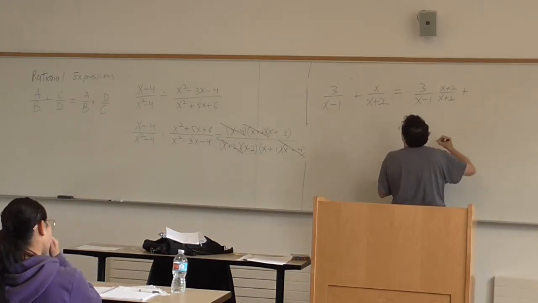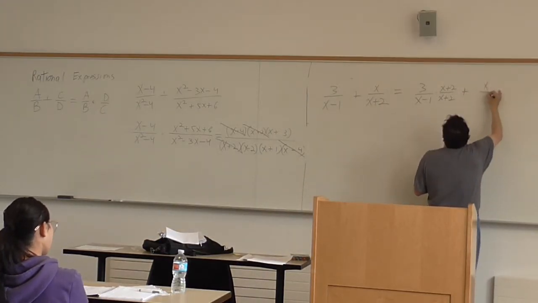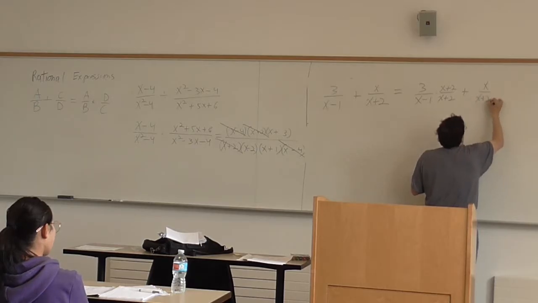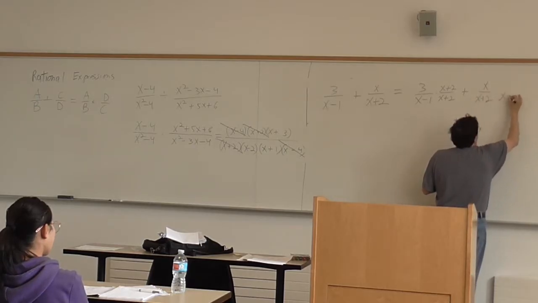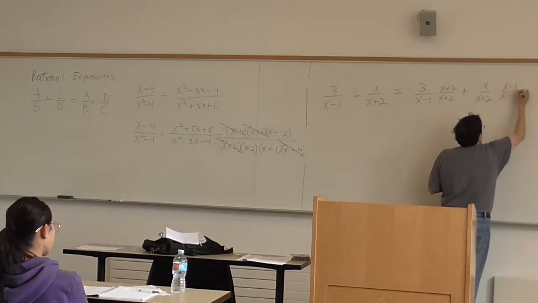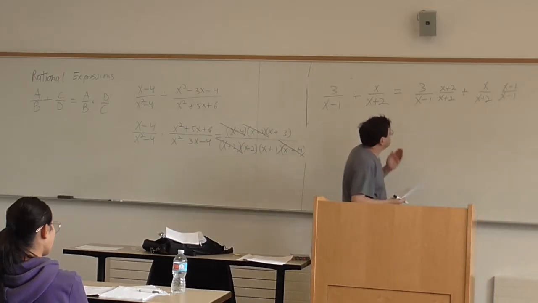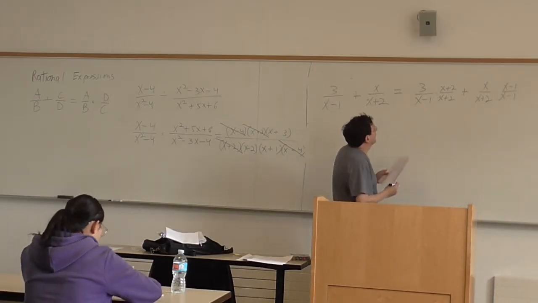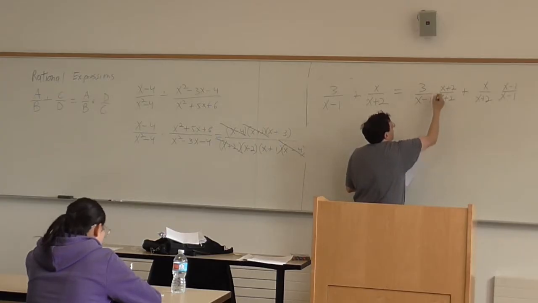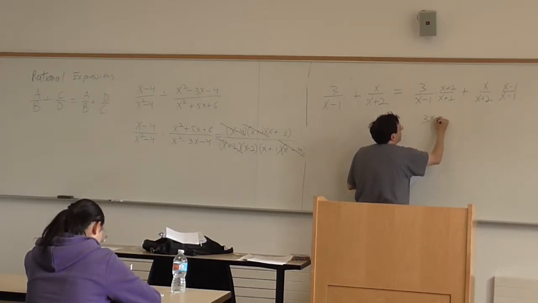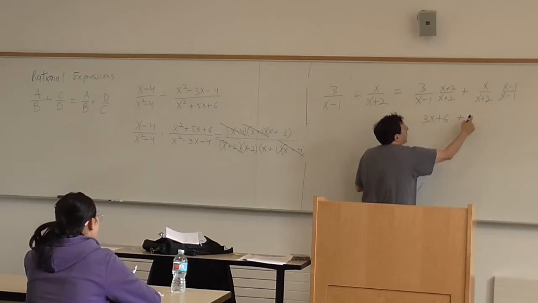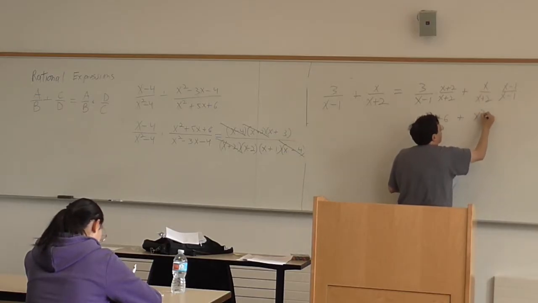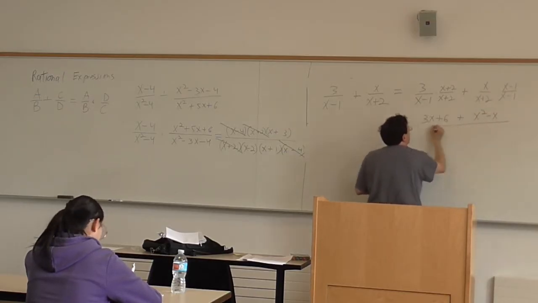And I'm going to add that to x over x plus 2 times x minus 1 over x minus 1. Right? On the top, we have 3x plus 6. And over here I have x squared minus x.